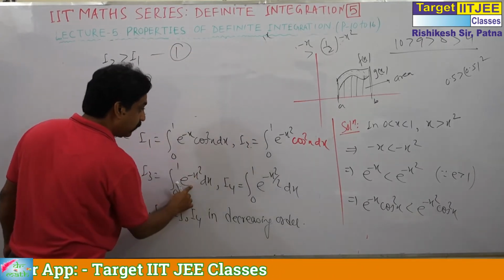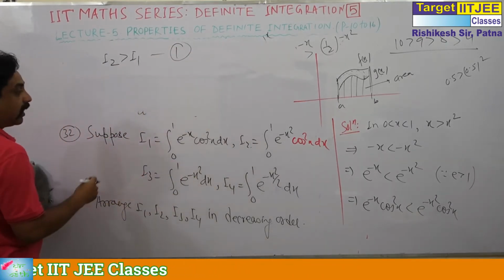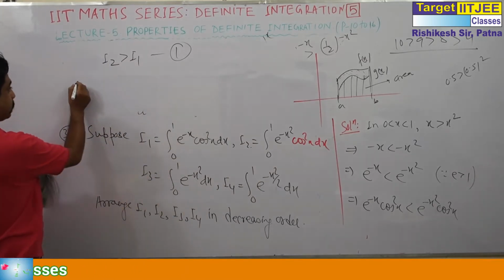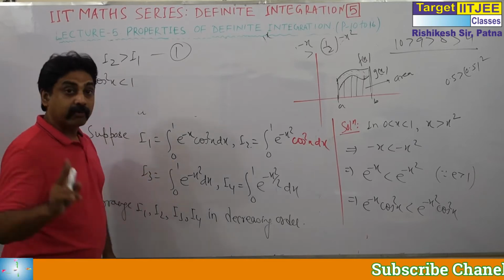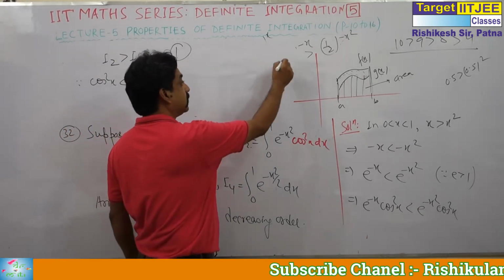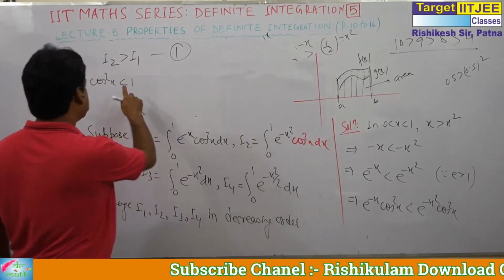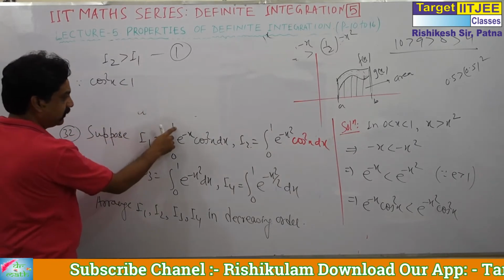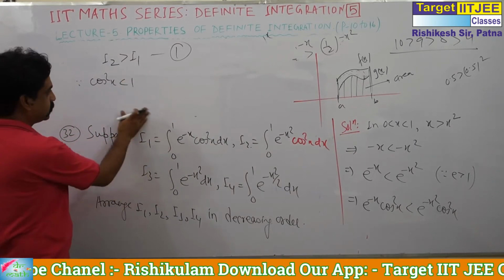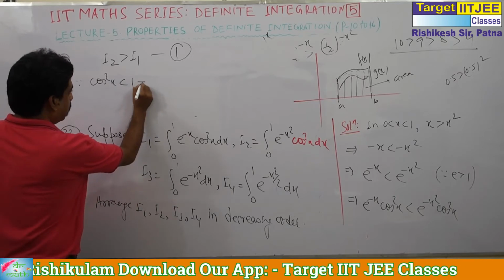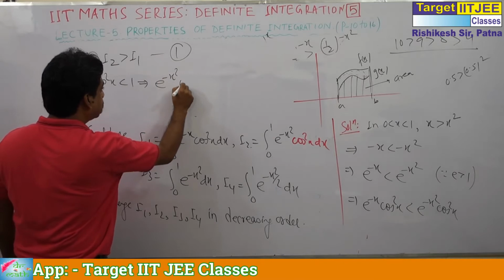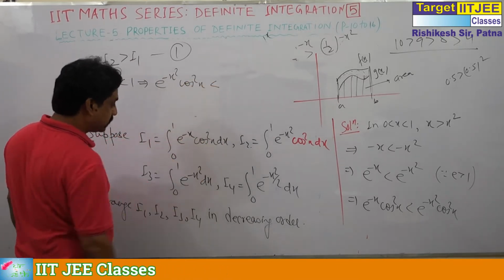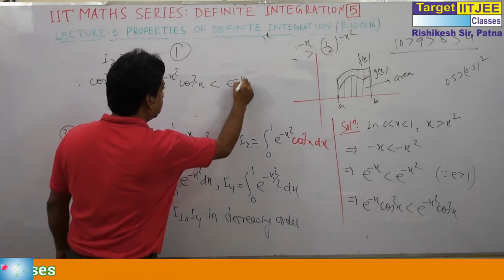For I2 and I3, how do we take the logic? The maximum value of cos square x is 1. So less than 1, you can also write equal to 1, but in 0 to 1, this is less than 1 most of the time. This implies e to the power minus x square cos square x is less than e to the power minus x square.